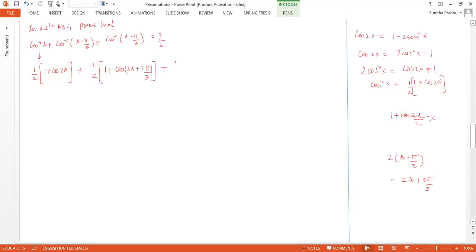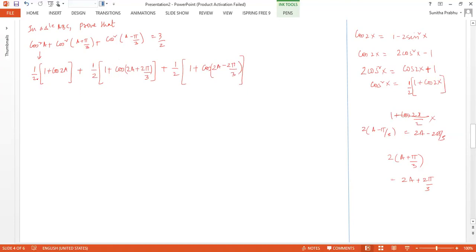And then plus half of 1 plus cos of, instead of 2a, I have to write 2 times a minus pi by 3. 2 times a minus pi by 3 will be 2a minus 2 pi by 3. All right.